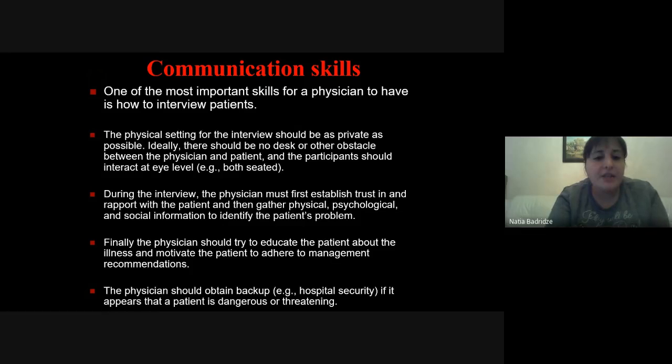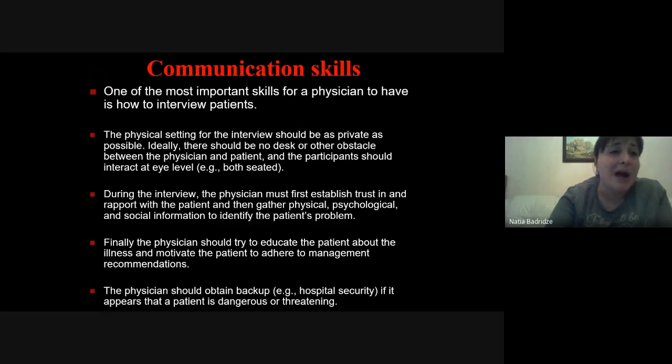In case the patient is dangerous, of course, physicians should obtain backup or hospital security, especially if the doctor is dealing with a psychiatric patient.